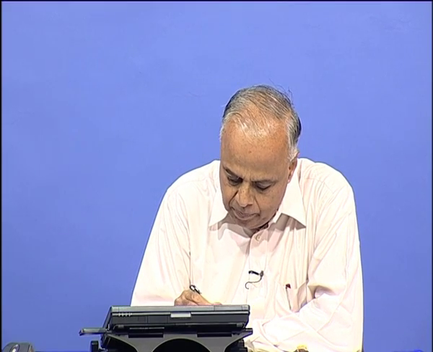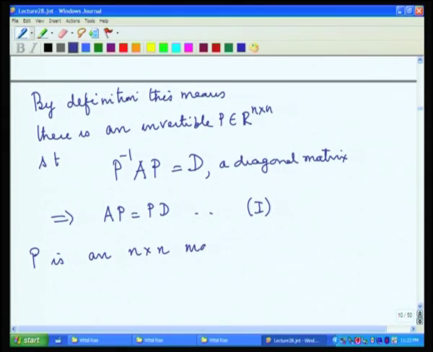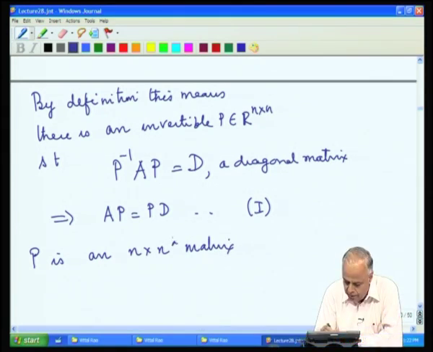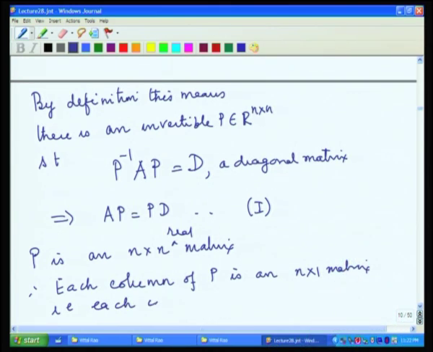So, P is an n by n real matrix. Therefore, each column of P is a vector with n components.